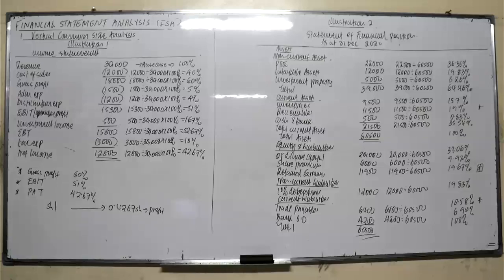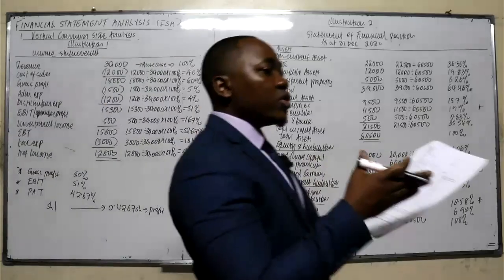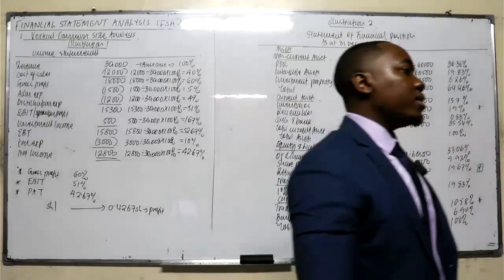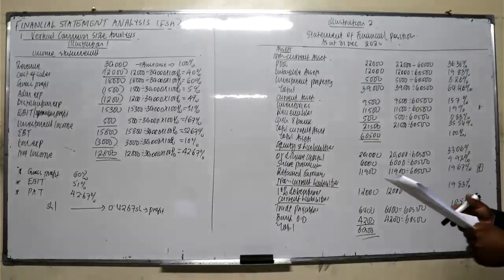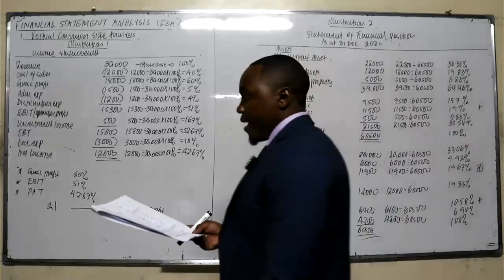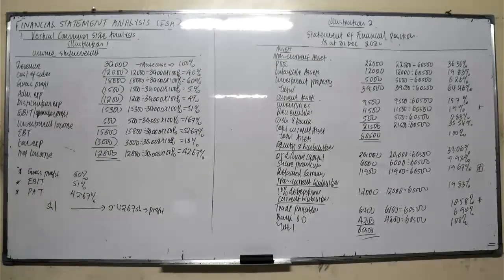This allows the analyst to see how the items have changed over a given duration of time. Also underline that, over given duration of time. The horizontal analysis is also known as the trend analysis. So when performing the horizontal analysis, you identify the base year. It's not a base item, it's all about the base year.